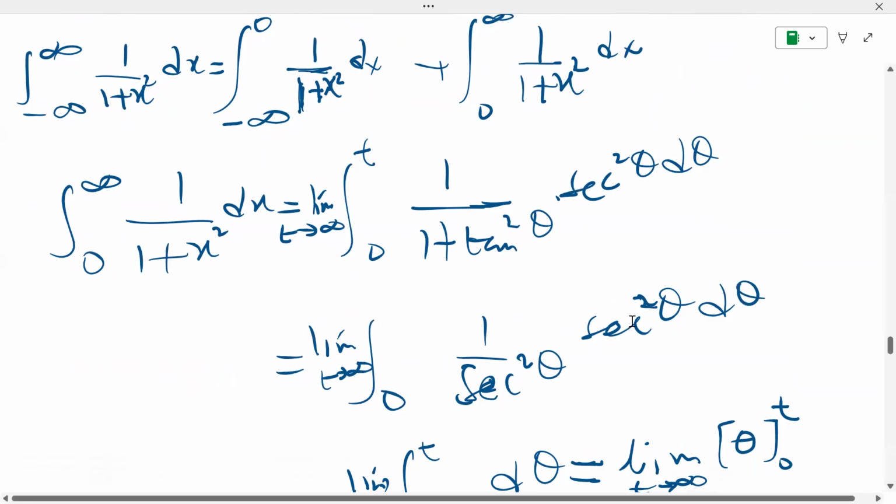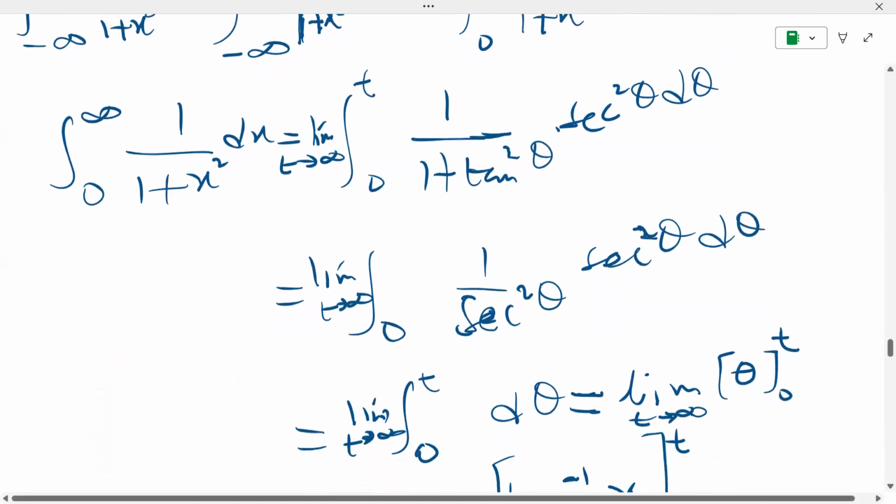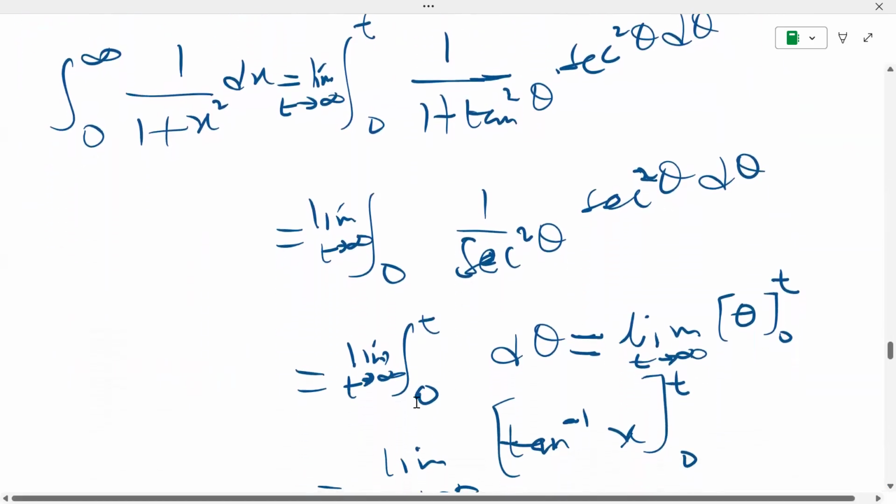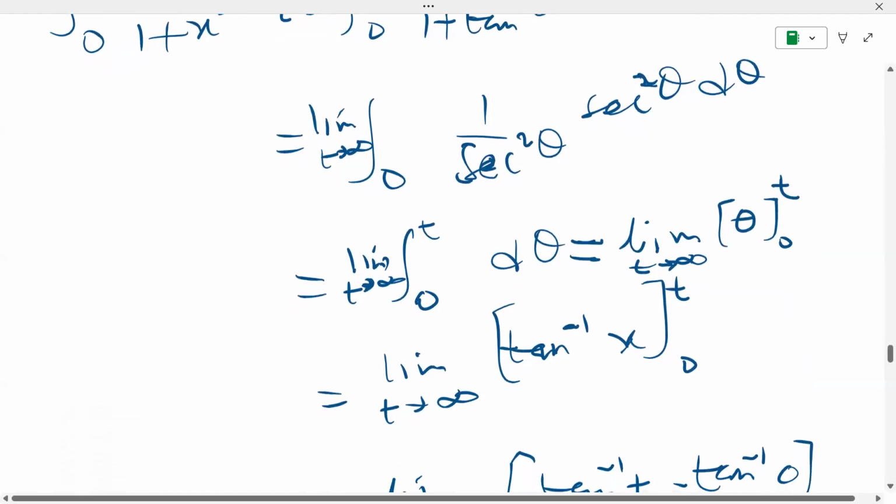So this will divide that, and we shall get 1. And so that takes us to the next step, where we're still repeating our limit as t approaches infinity. So we shall get 1 here. And when we integrate, because we are doing that with respect to theta, we shall get theta here within the interval. Right. Now, the next step is that we need to get our value theta in terms of x.